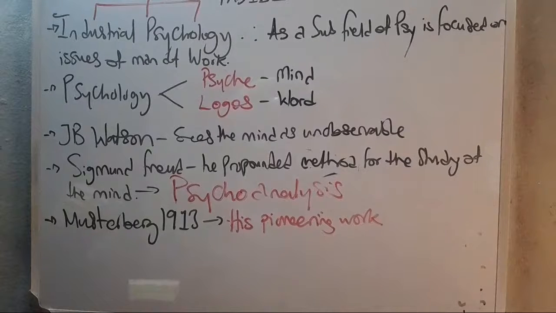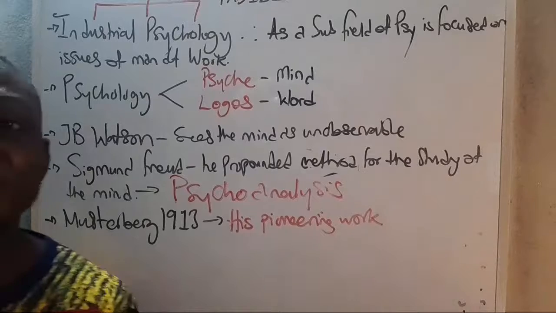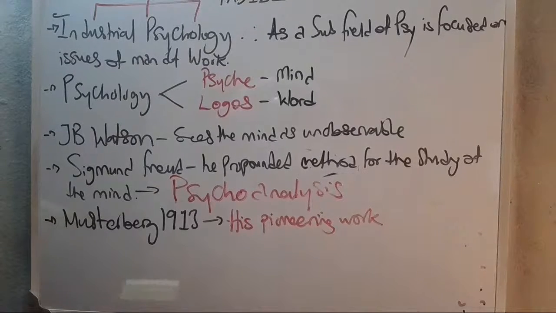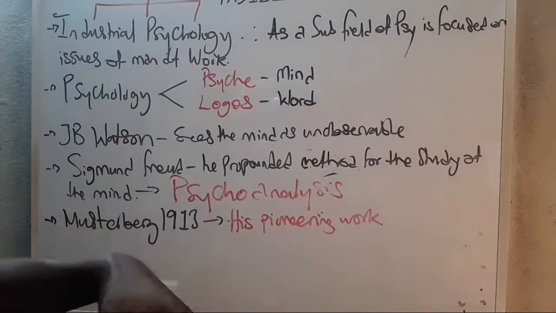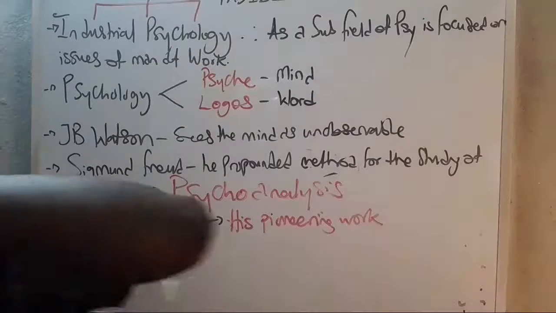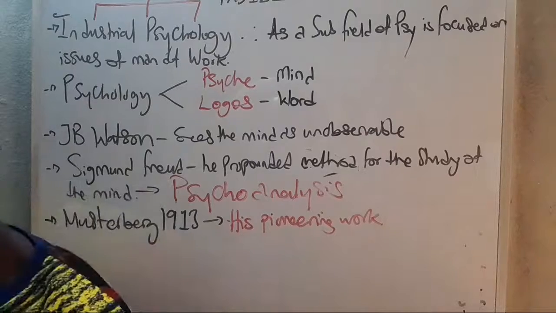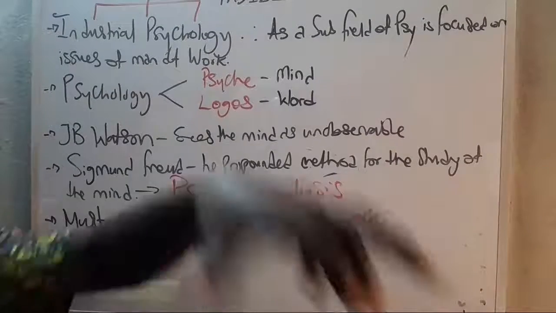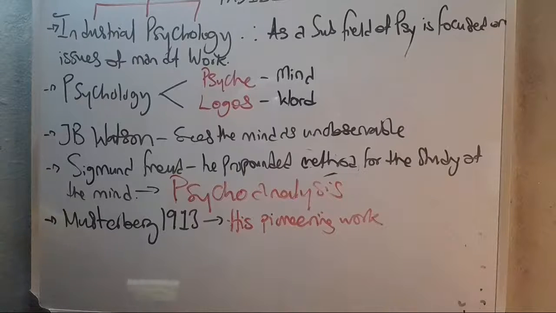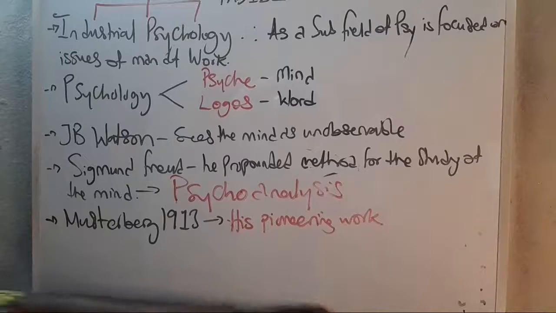Now, in the history of psychology, the first book about managing human behavior in industrial organizations was written by Gilbreth and Gilbreth. All right, in 1917, Gilbreth and Gilbreth, the first known book about managing human behavior in industrial organizations.